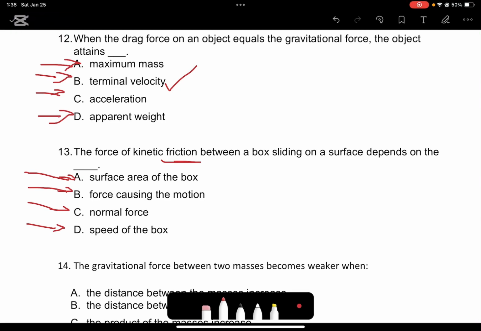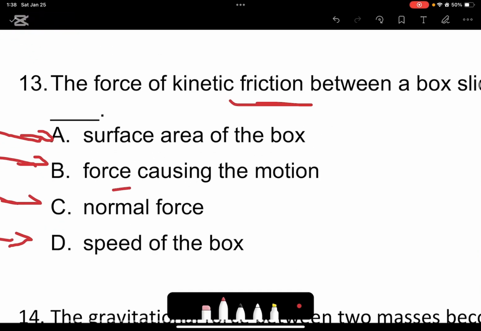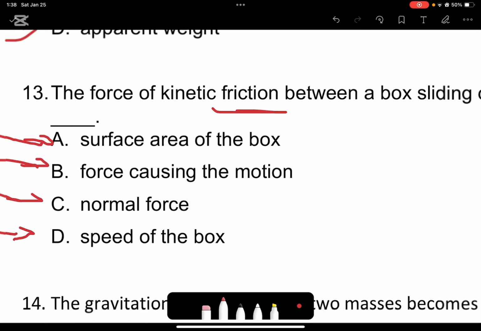And if it was on like a road, it would be sliding with a strong friction. If it was on glue, it would be impossible to slide. So the force of kinetic friction between a box sliding on the surface depends on the normal force. So the answer is C.